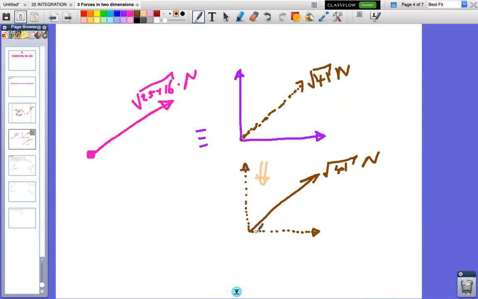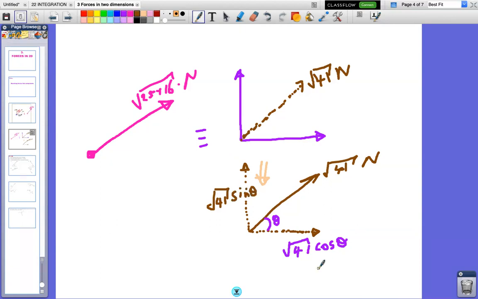So what is the magnitude of this force here? We can calculate that if we know this angle, say this angle is theta. Then this force will be square root of 41 cos theta, right? And this one will have magnitude of square root of 41 sine theta.